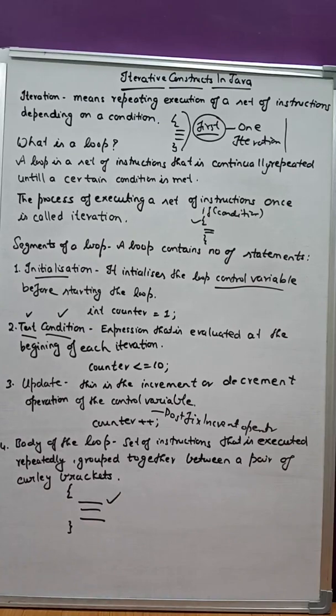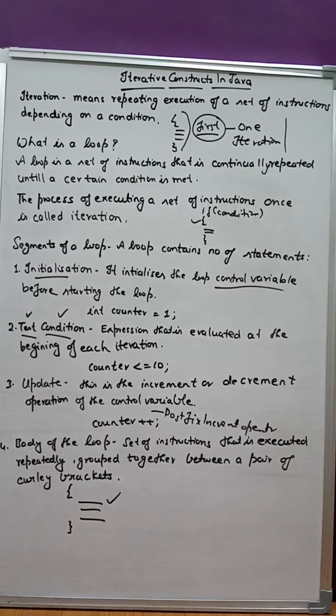In this video we have covered the basic concept of what iteration is, why we need iteration, what a loop is, what the segments of a loop are, and we have also discussed the various segments such as initialization, test condition, update, and body of the loop.